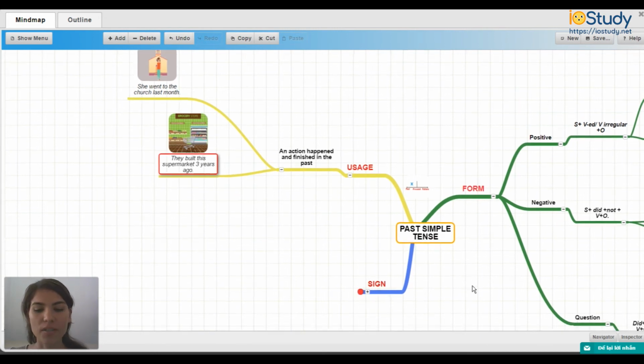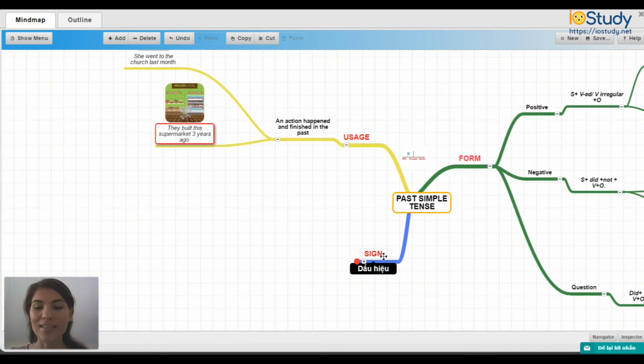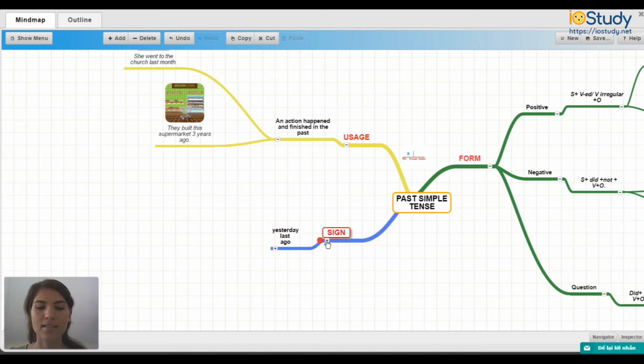Now let's move on to some signs for past simple tense. Here are some words when you can read and know that this is the past simple tense. Yesterday, last, and ago.